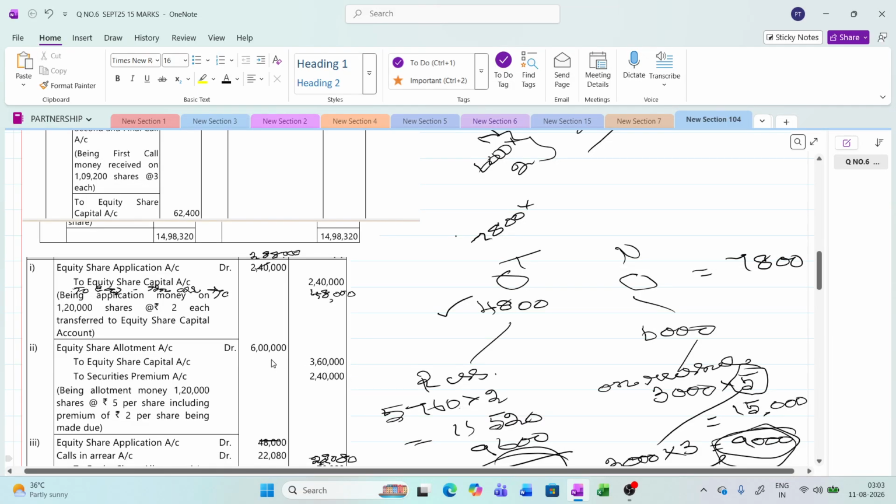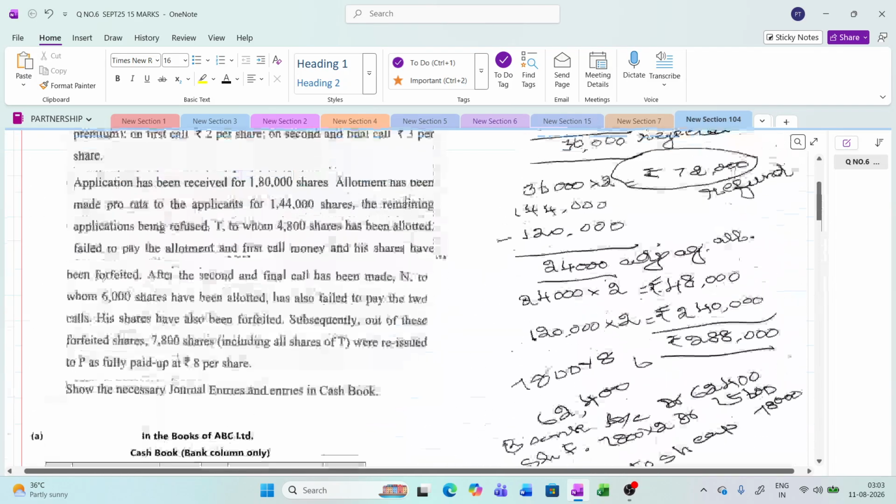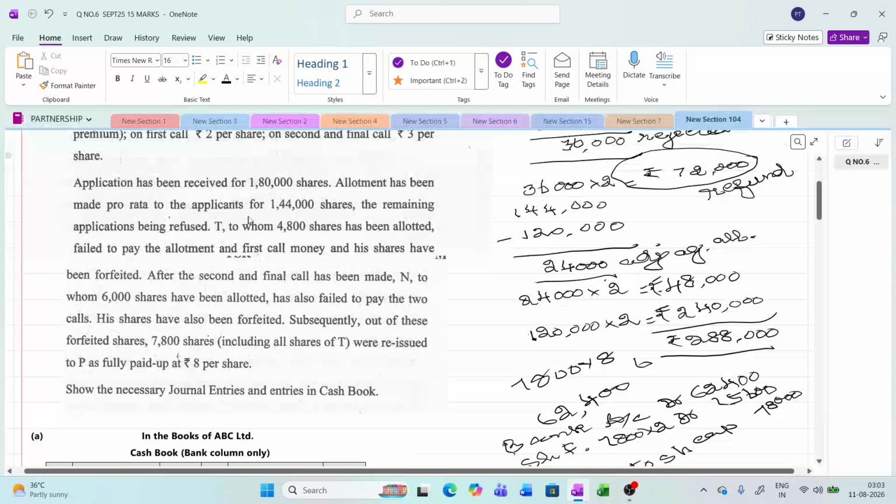Done. Now in this, how much is received in the bank account? Here, they said that T, to whom 4,800 shares were allotted, did not pay the allotment money. He failed to pay the allotment money and the first call money.